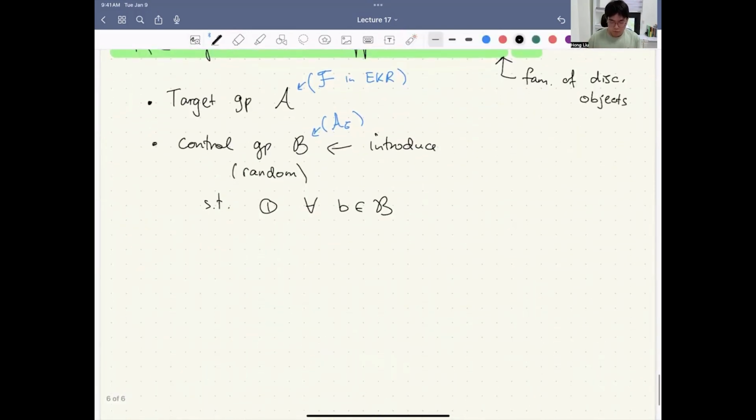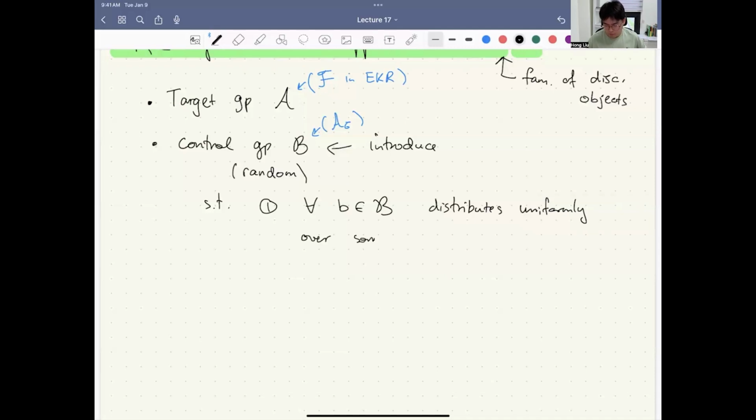So for any B in B, because B is random, these elements also distribute uniformly over something.